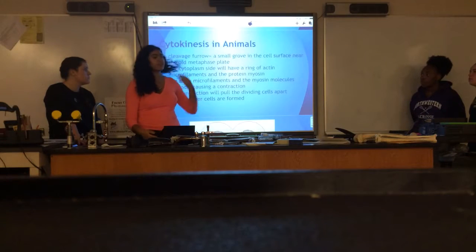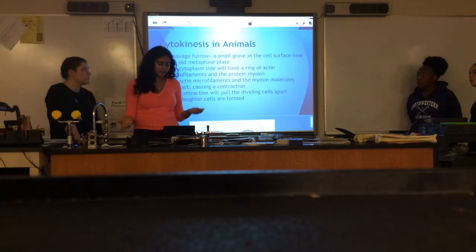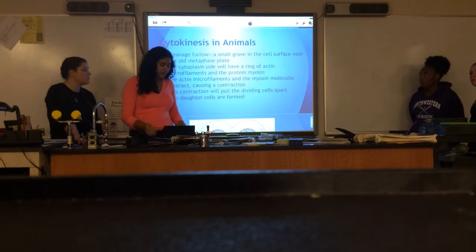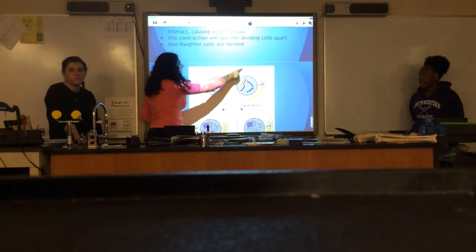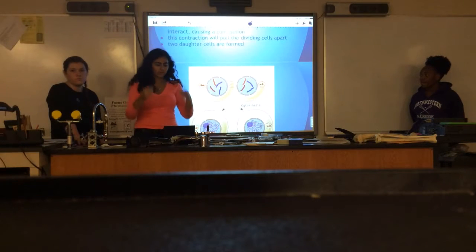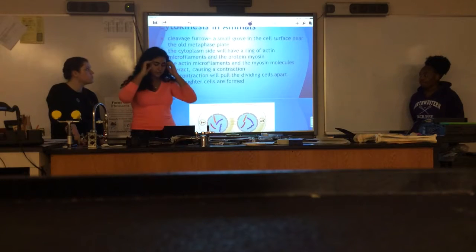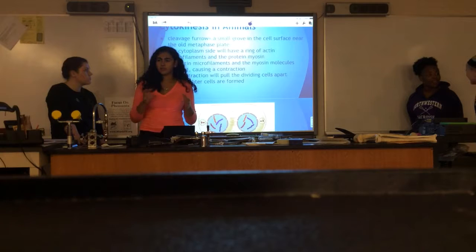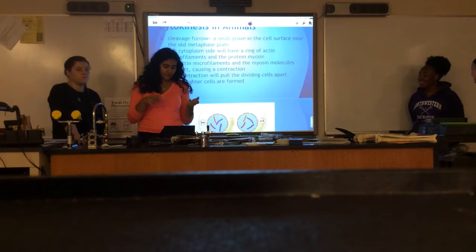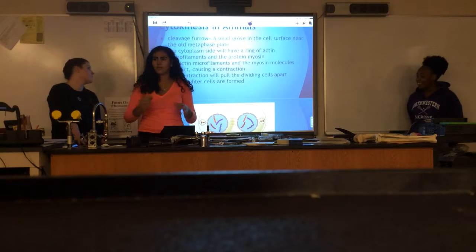And so cytokinesis is a little bit different in animal cells and in plant cells. So in animal cells, there's this thing called a cleavage furrow, and as you can see, it's a little indentation in between the two cells that are growing here. And so on the cytoplasm side, there's actin microfilaments, and those are the things that help us move.